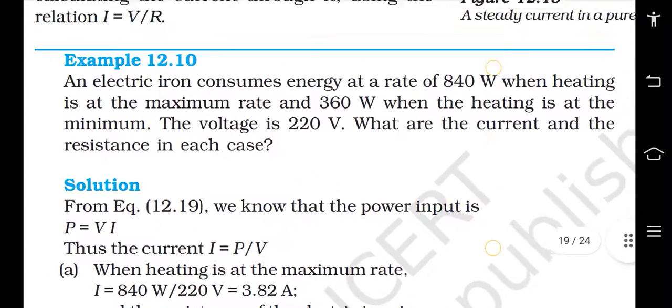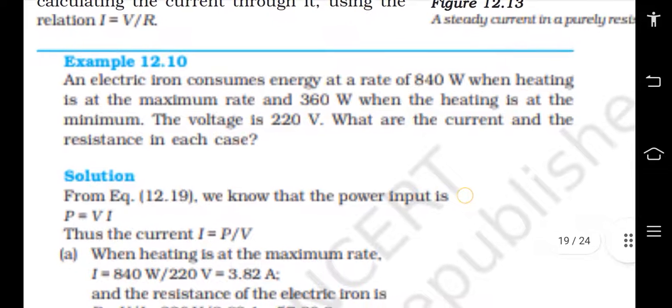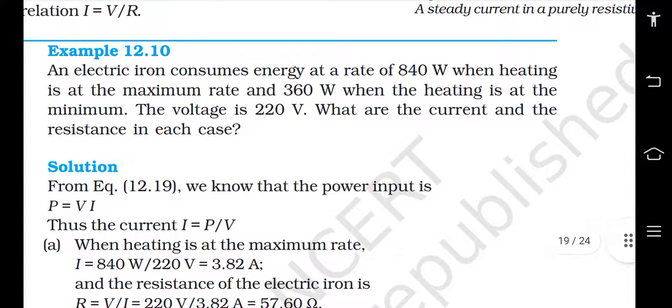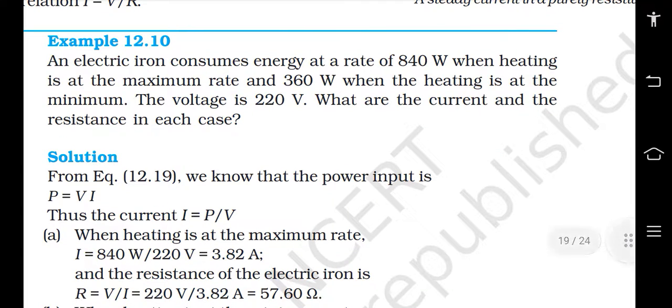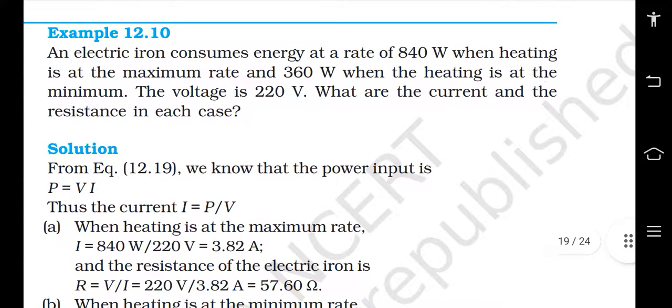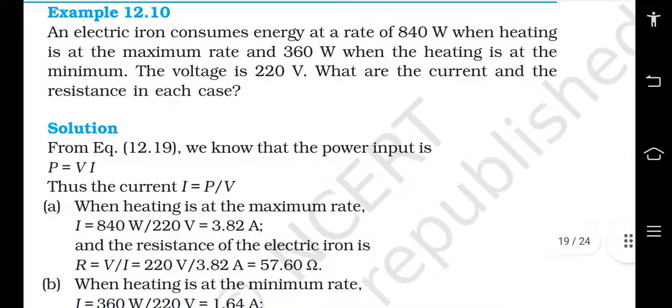So the question is this one only. An electric iron consumes energy at a rate of 840 watt when heating is at the maximum rate and 360 watt when the heating is at the minimum. The voltage is given already, 220 volt. What we have to find out? We have to find out current and the resistance.